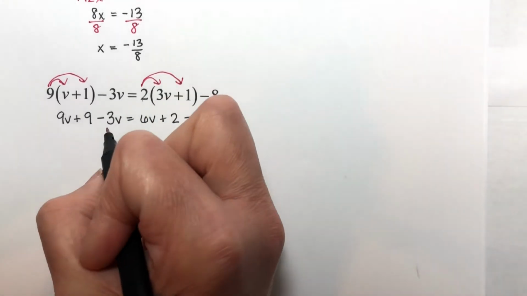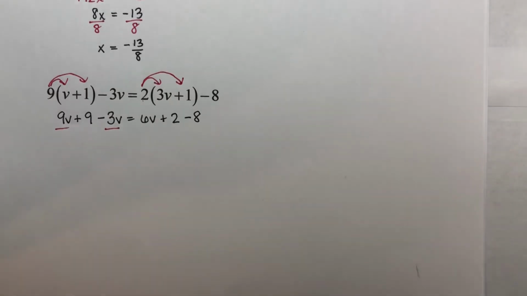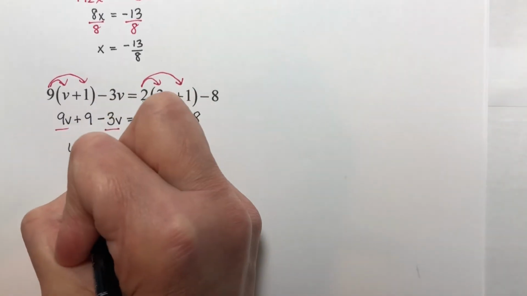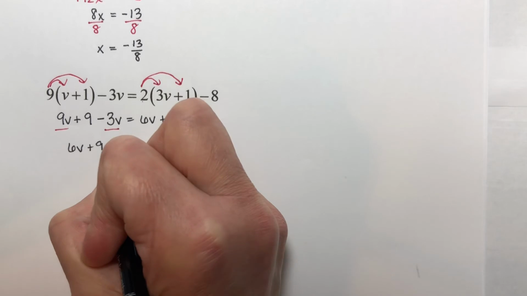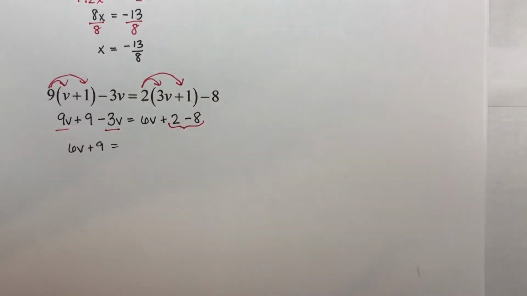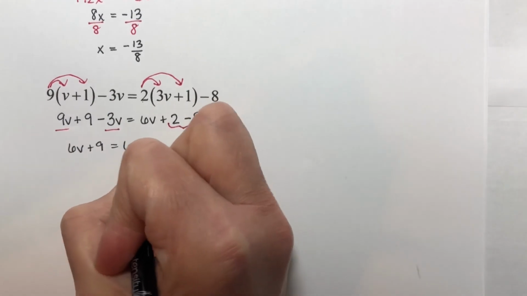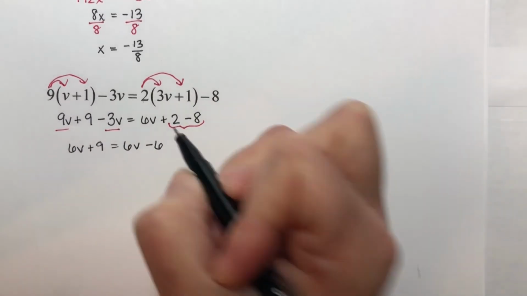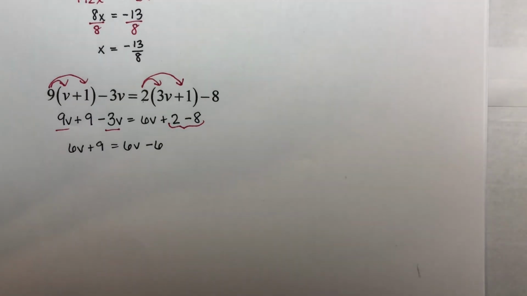I have like terms here and here. 9v minus 3v would be 6v plus 9 is equal to, I have like terms here and here, 6v, 2 minus 8 would be minus 6. Okay?